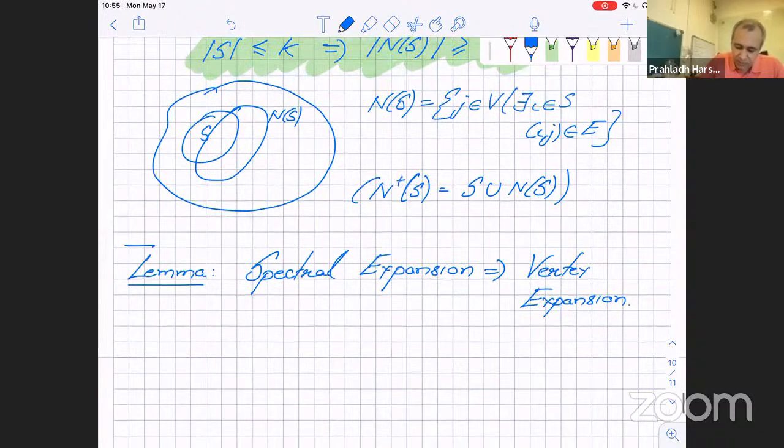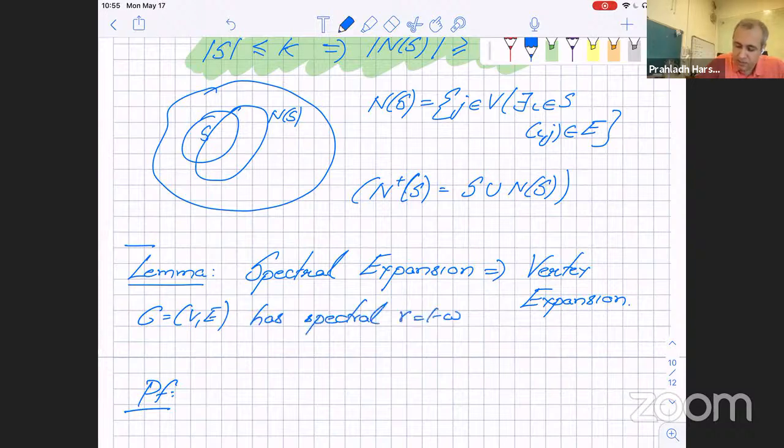Before I state the lemma, we'll actually see the proof of this and then fill out quantitatively what spectral expansion will imply. So I'm going to basically say if G has spectral gap gamma, which is 1 minus omega, then G is an alpha n vertex expander.